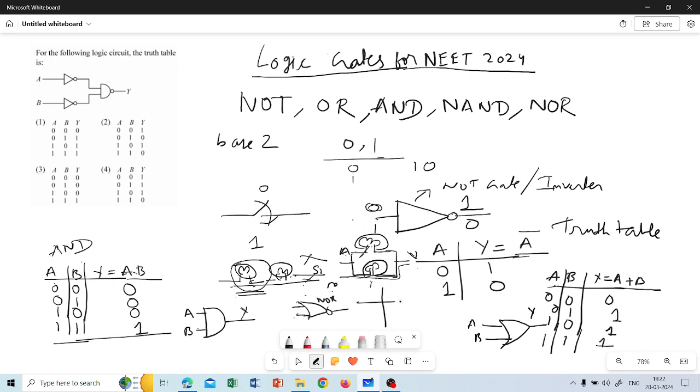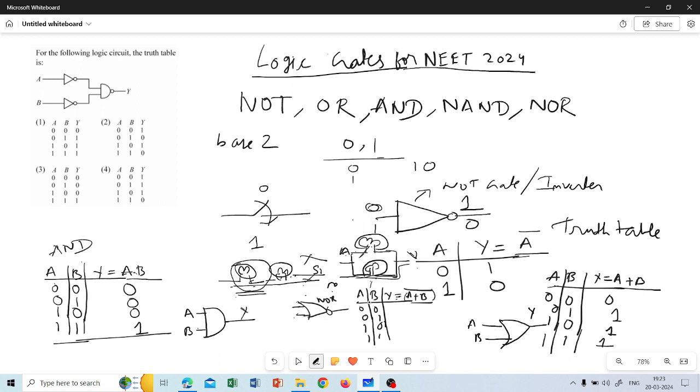The truth table, I will write the truth table here. Let me write it: 0, 0, 0, 1, 1, 1, 0, 1, 1. This is represented as A plus B, whole complement. You can see that A bar is for a single input, but for two inputs, whatever output you get for the OR gate, you complement it.